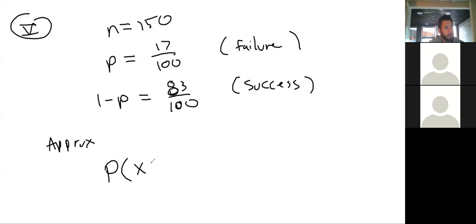So we want to approximate this. Half of 100 is 50. So we want to know this creature. So that gets you going. It's a tricky problem, but it's one that you can definitely get to the bottom of.